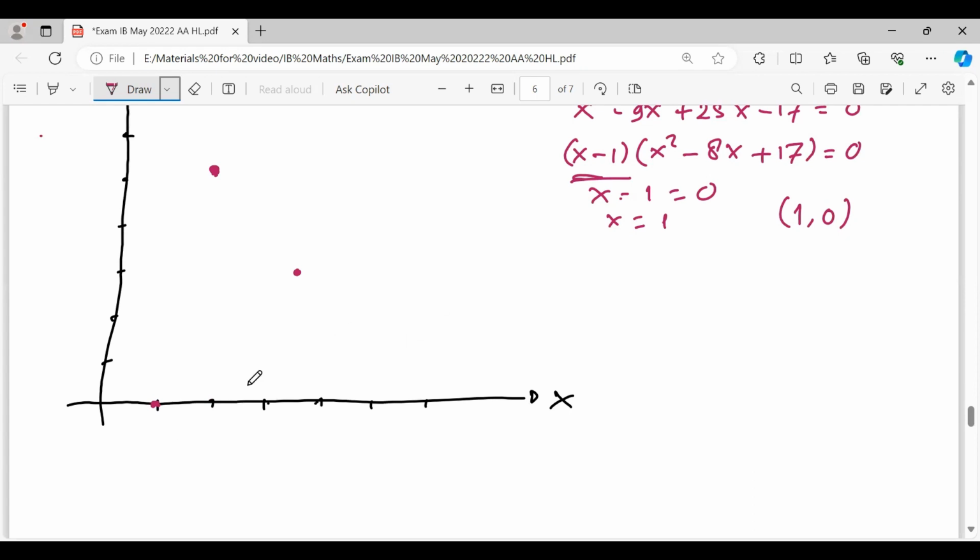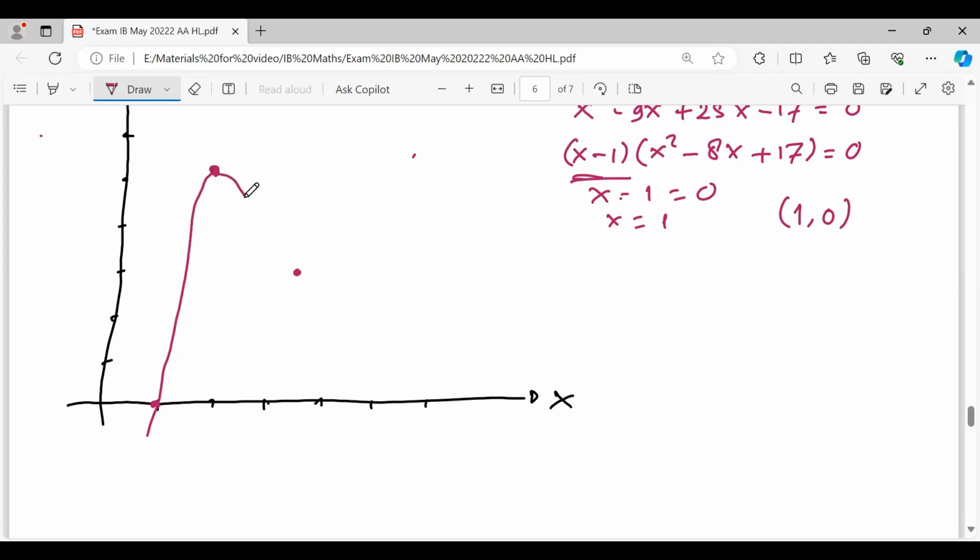Okay, so we could sketch that probably like this. I'm going to sketch this. Nice. Wait. Yeah, like this. Okay, intersect to the x-axis.